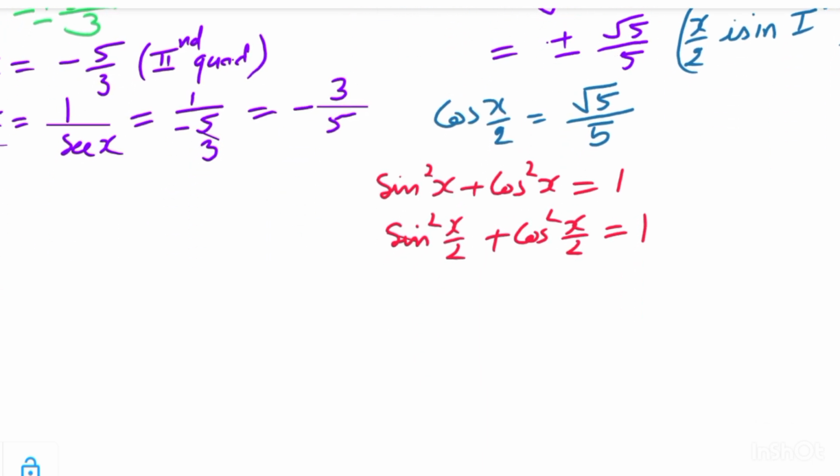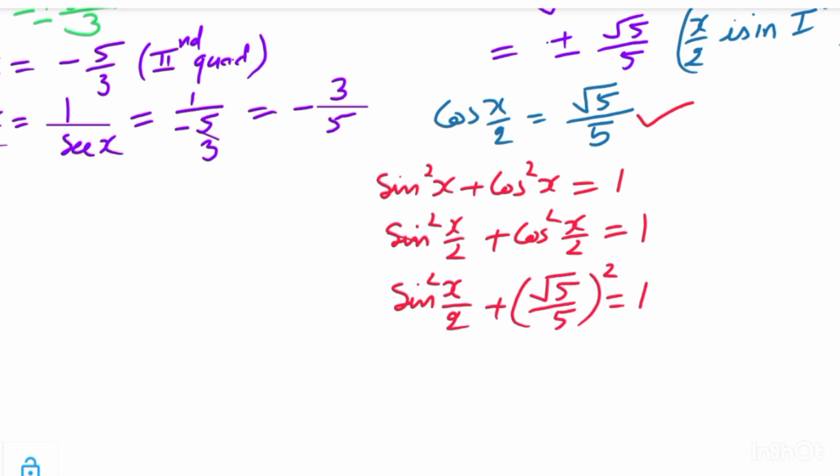Now we will substitute value of cos x by 2 from here. So this will be sine square x by 2 plus square root of 5 divided by 5 whole square is equal to 1, or sine square x by 2 is equal to 1 minus 5 upon 25, right?